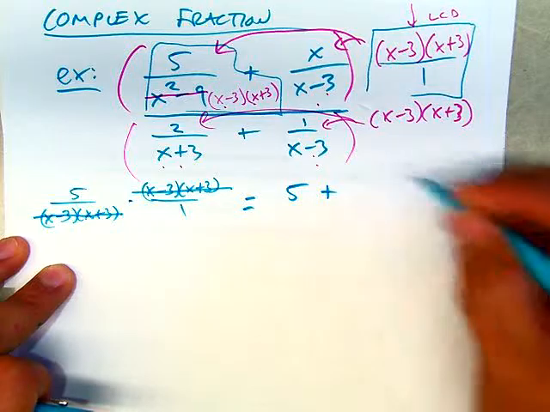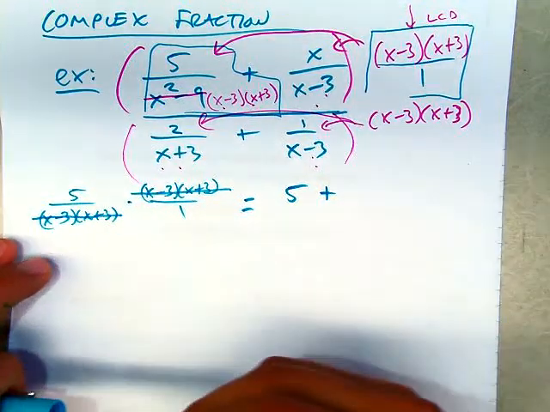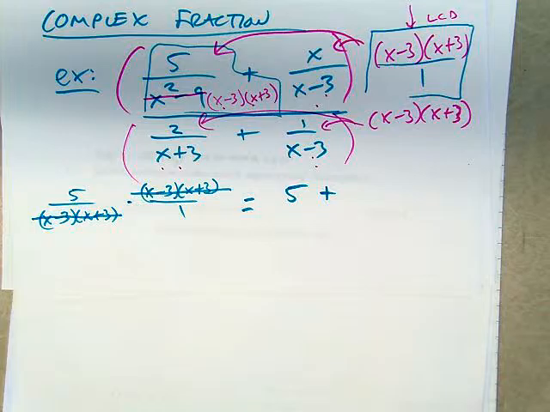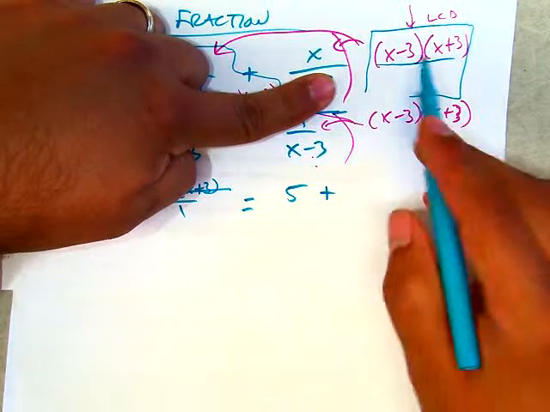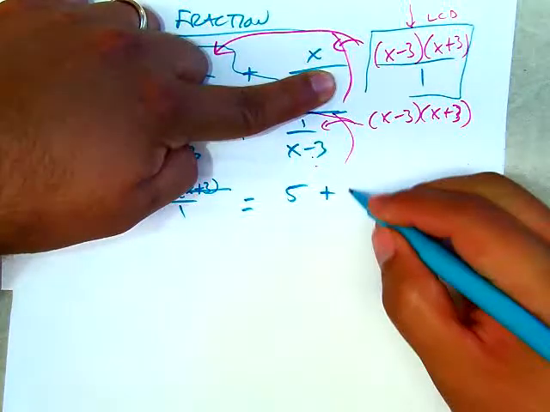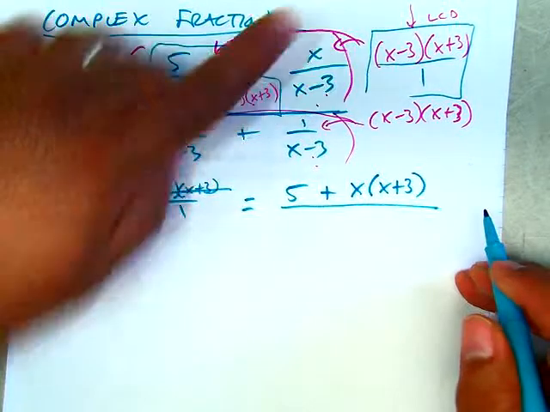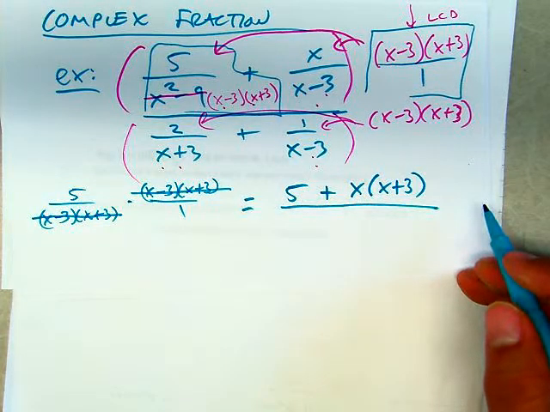Now let's try that with the second fraction. The second fraction, what's going to cancel out? x minus 3 cancels with x minus 3, leaving behind x and x plus 3. Do you guys see how I'm getting that? If not, say so.